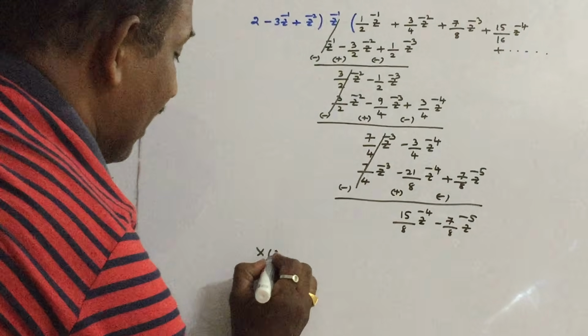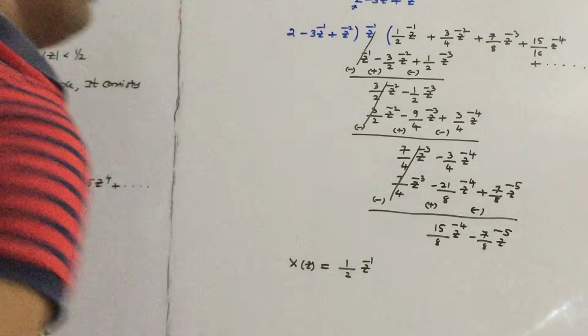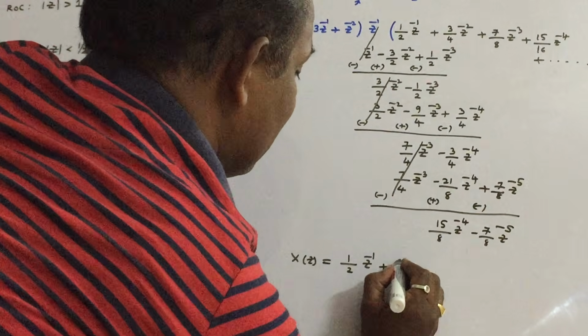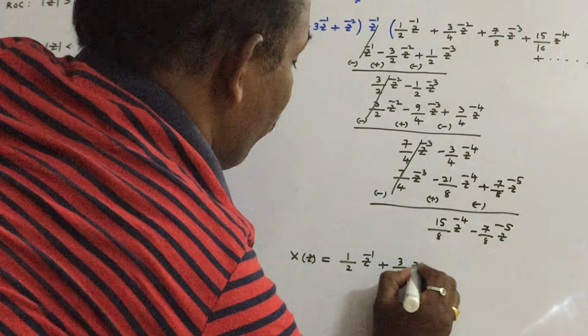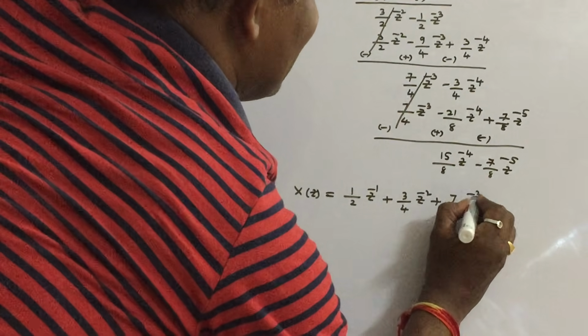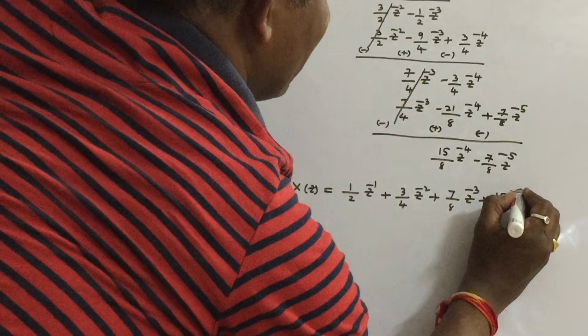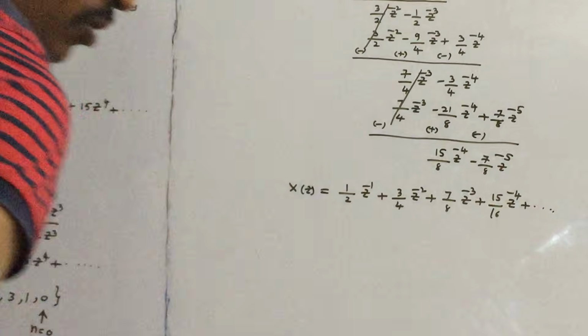So therefore write X of z as 1 by 2 z inverse plus 3 by 4 z power minus 2 plus 7 by 8 z power minus 3 plus 15 by 16 z power minus 4 plus so on.